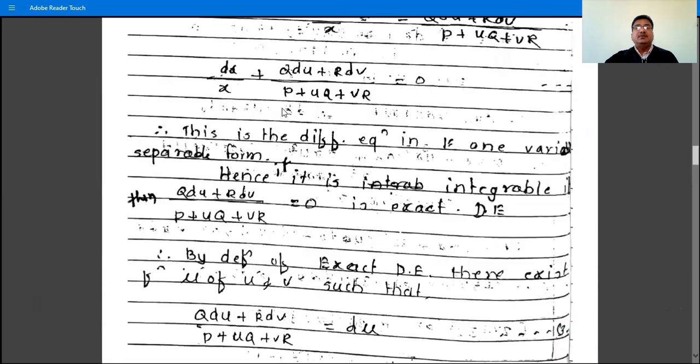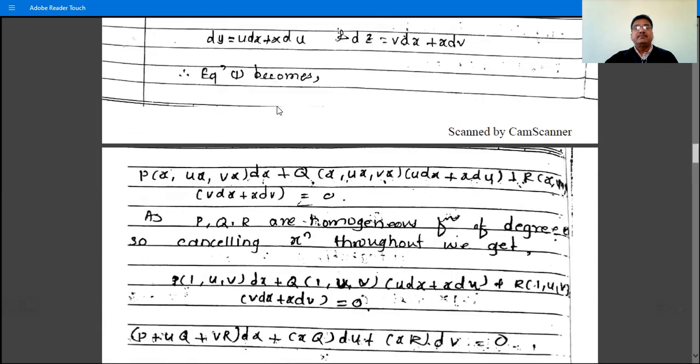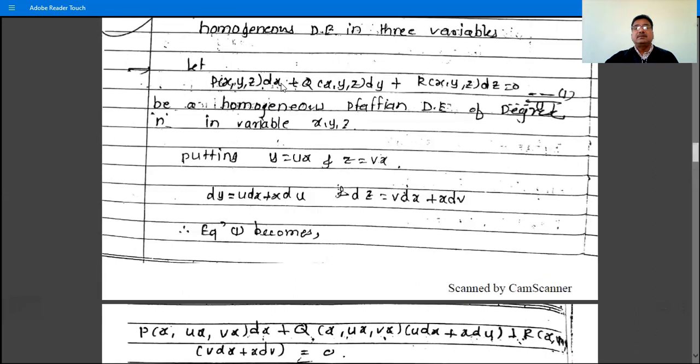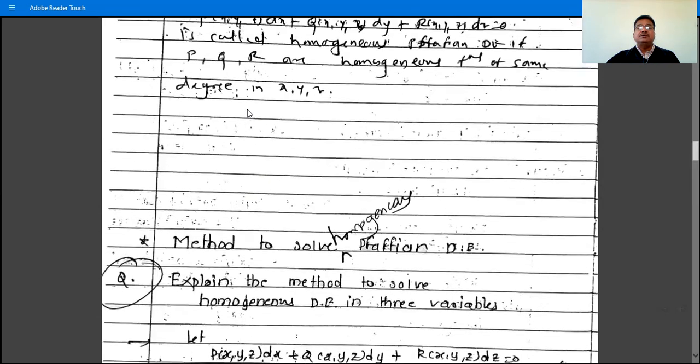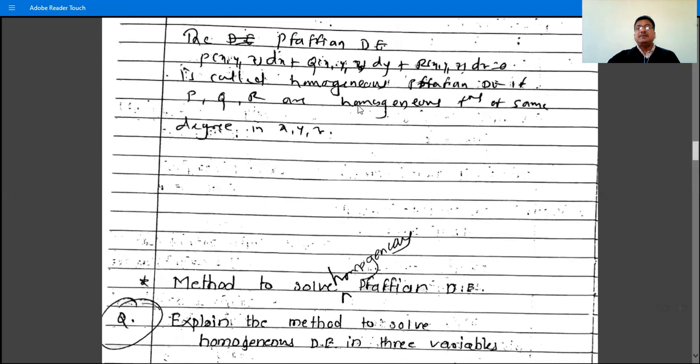So when we say P(x,y,z) dx plus Q(x,y,z) dy plus R(x,y,z) dz is equal to 0, or P dx plus Q dy plus R dz is equal to 0, it is called a homogeneous Pfaffian differential equation of degree n if P, Q, R all are homogeneous functions of the same degree n.